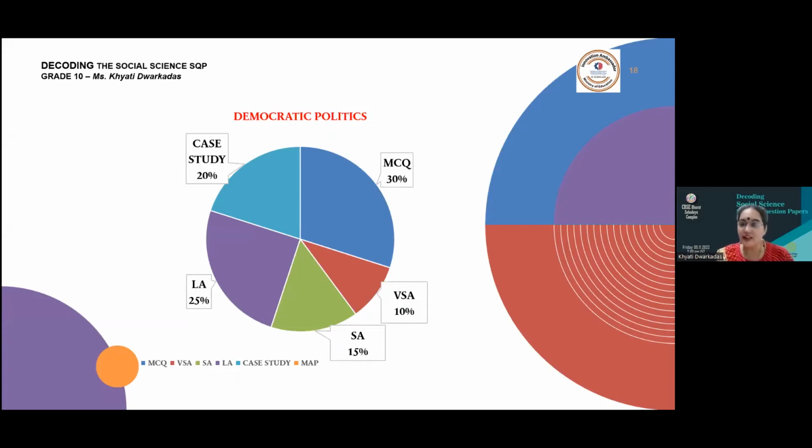However, in the case of democratic politics, there is 30% weightage given to MCQ, 10% to very short answers, 15% to short answers, 25% weightage has been given to the long answers, and the case study remains at 20% weightage. So when you look at the democratic politics side of the paper, it is very high on MCQ.